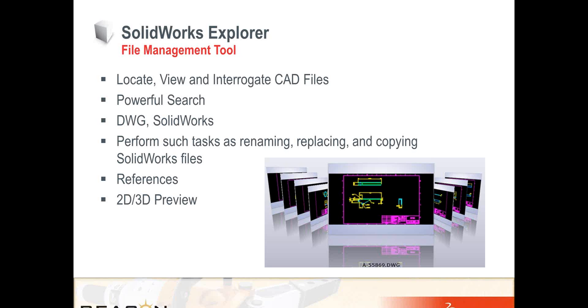It holds good for all SolidWorks formats as well as 2D formats, DWG, and you can perform routine tasks like renaming, replacing, and copying files. It also gives you a 2D or a 3D preview depending on the file format, and it also points out all the references this particular file is referring to.